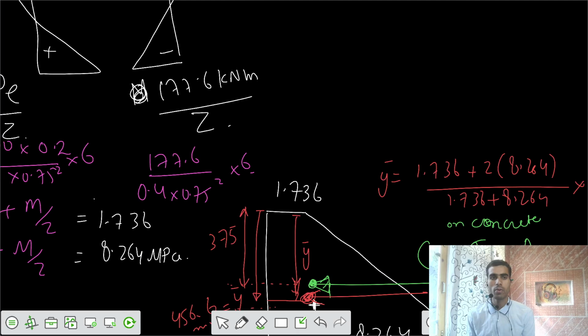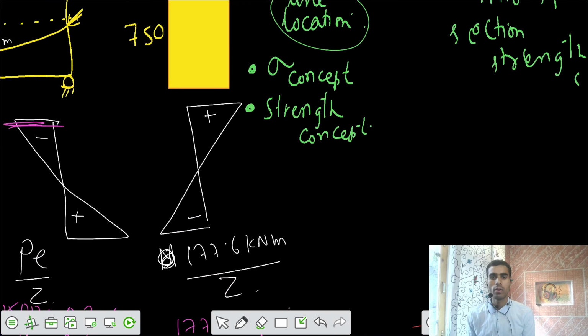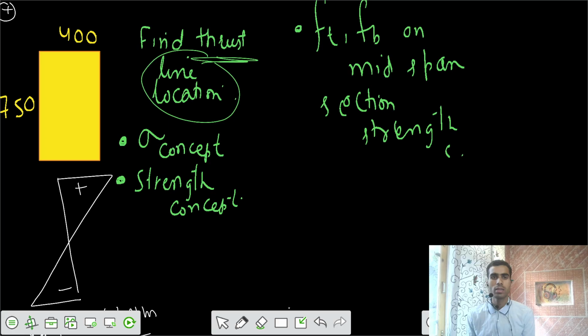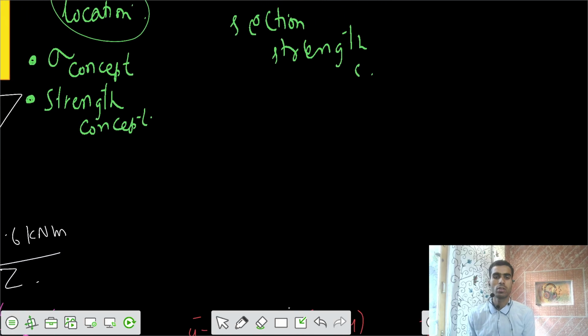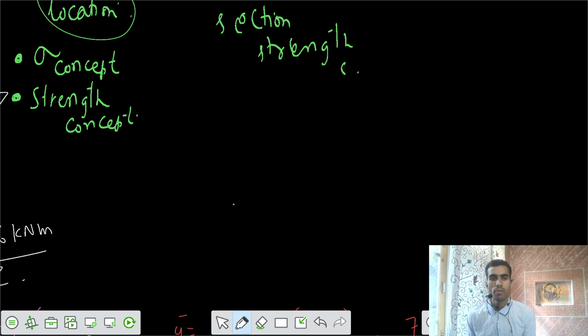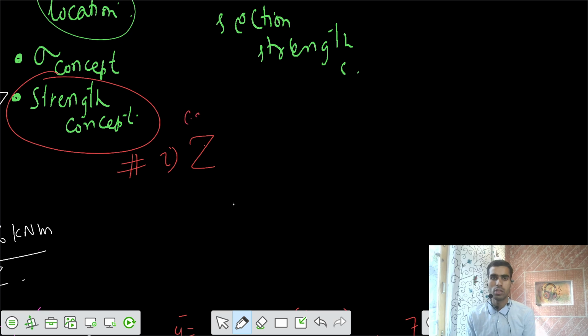So this was part one. Now, from the second method, we need to calculate the thrust line location, that is, the strength concept method. In the strength concept method, the first step is that the location of the thrust line is Z, which is the distance from the CG of the C force to the CG of the P force.